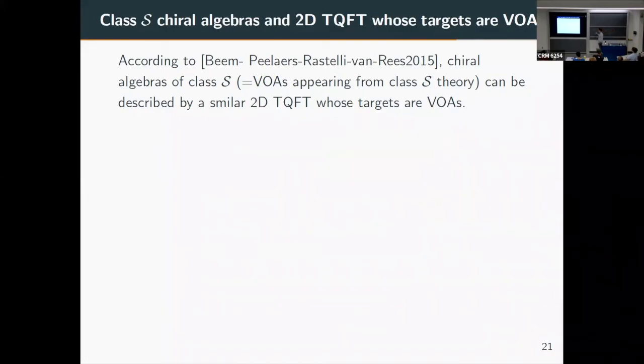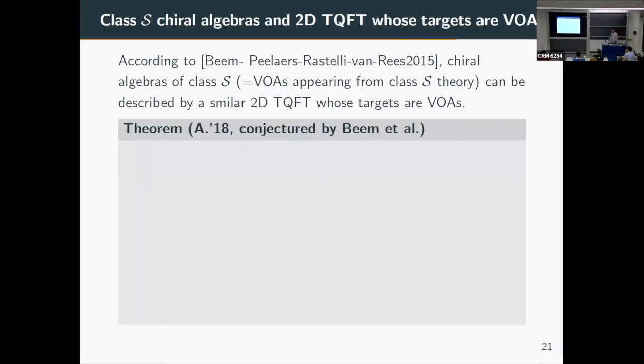So in the Moore-Tachikawa TQFT, targets are semi-simple groups and morphisms are symplectic varieties. And in this TQFT, objects are the same groups, but morphisms are given by vertex operator algebras, satisfying certain conditions.